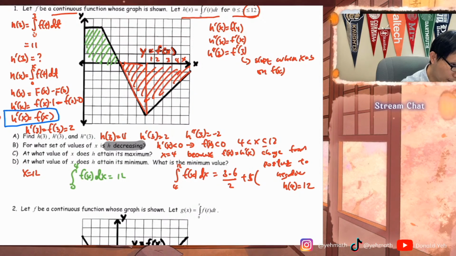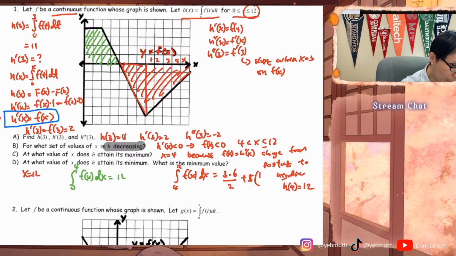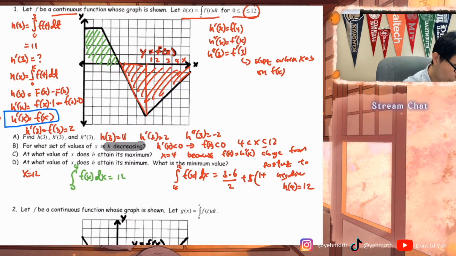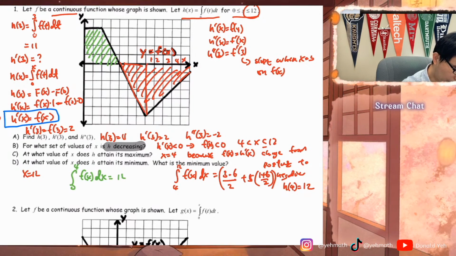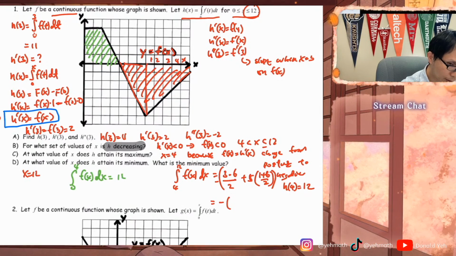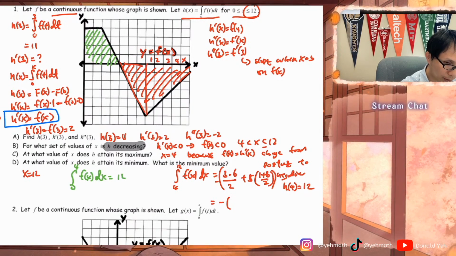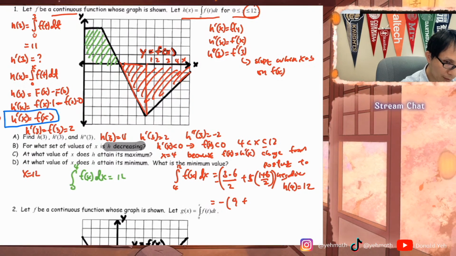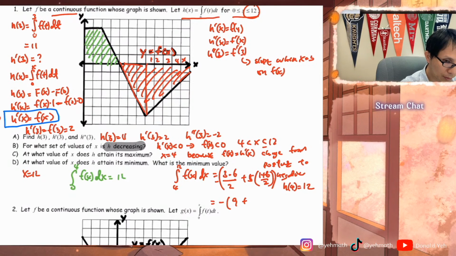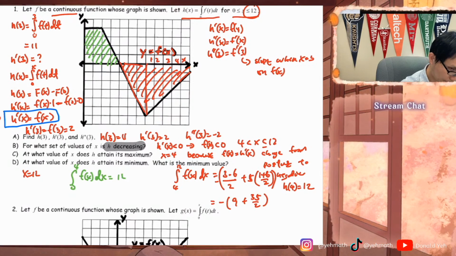And again, this is all negative. 5 times (1 plus 6) over 2. And again, this is all negative. So that's equal to negative of 9 plus 35 over 2.